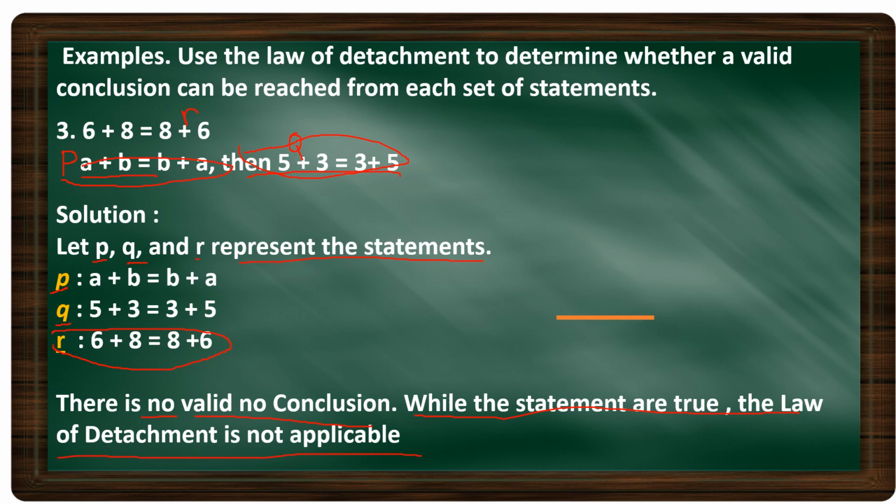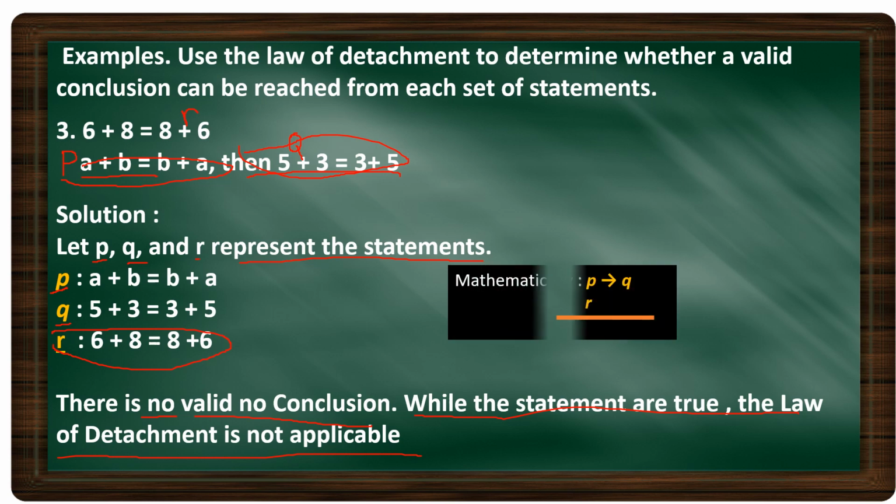If we notice, all their statements are correct, but we cannot apply the law of detachment even though the statements are true, because here we have 3 sets of statements. If P, then Q, this is the conditional. This is true. R is also true. What is our conclusion? Do we have a conclusion? None. So we cannot use the possible laws that we would use.